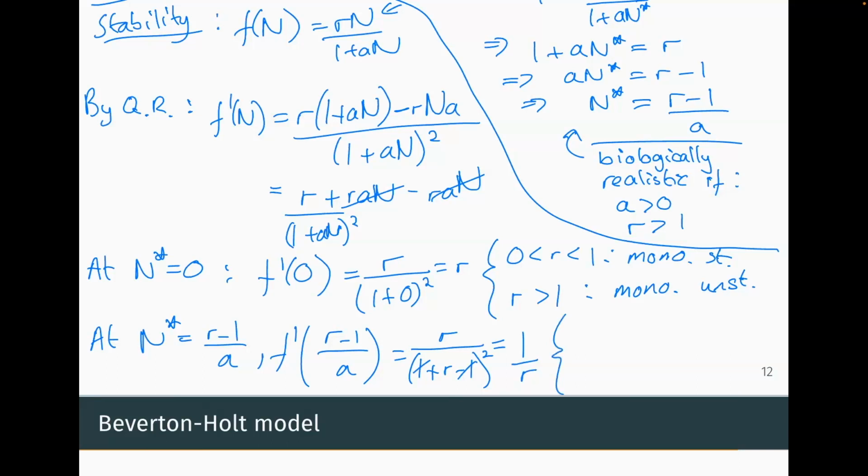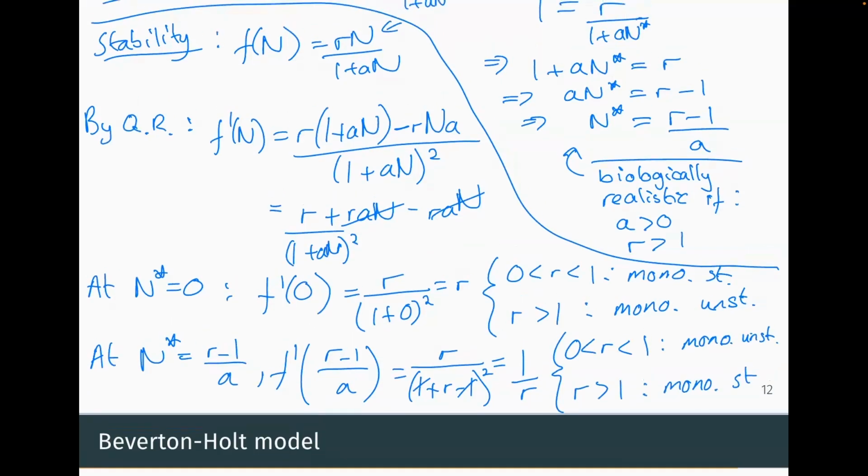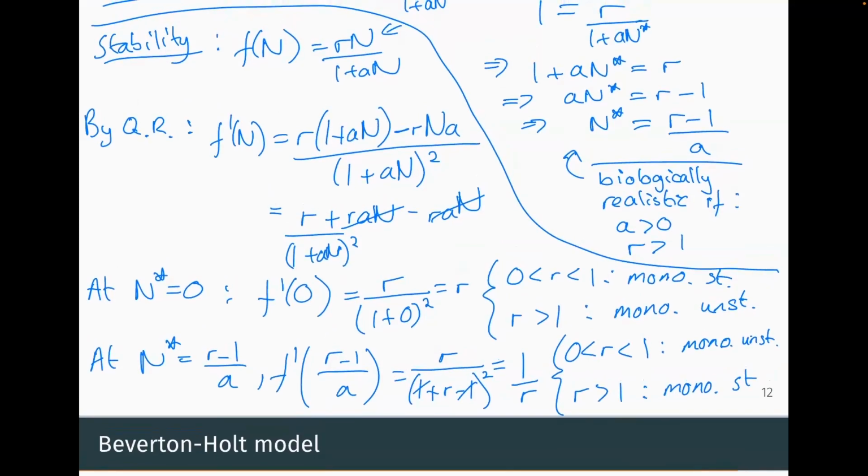Okay, so again, let's think about values of r. If r is between 0 and 1, then our gradient is going to be greater than 1. So this is going to be monotonically unstable. And if r is greater than 1, it's going to be monotonically stable, because 1 over r is going to be less than 1, but still positive. So what do we notice here?